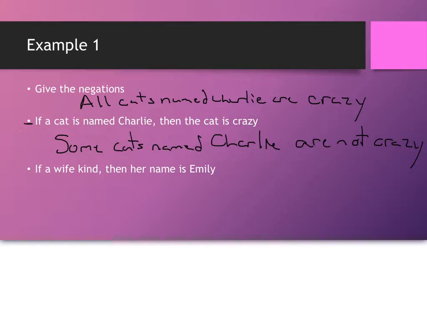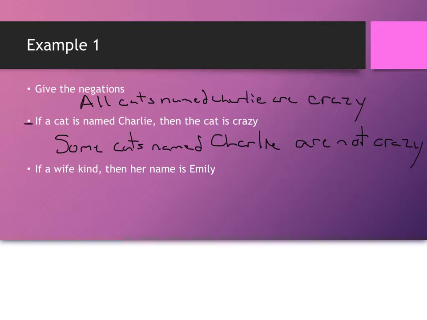And so to negate "all cats named Charlie are crazy," you say some cats named Charlie are not crazy. Notice, be careful about that. If we say some cats named Charlie are crazy, that is not a negation. You have to make sure that you have the fact that there are some cats named Charlie and are not crazy at the end.